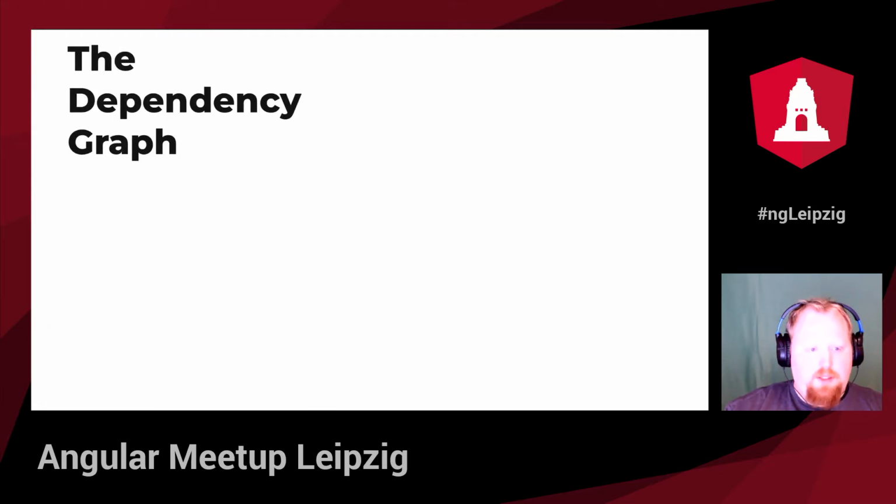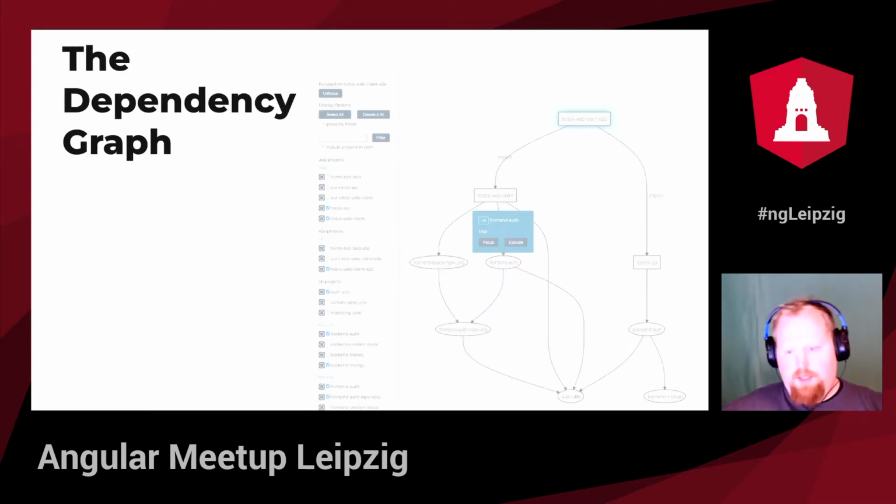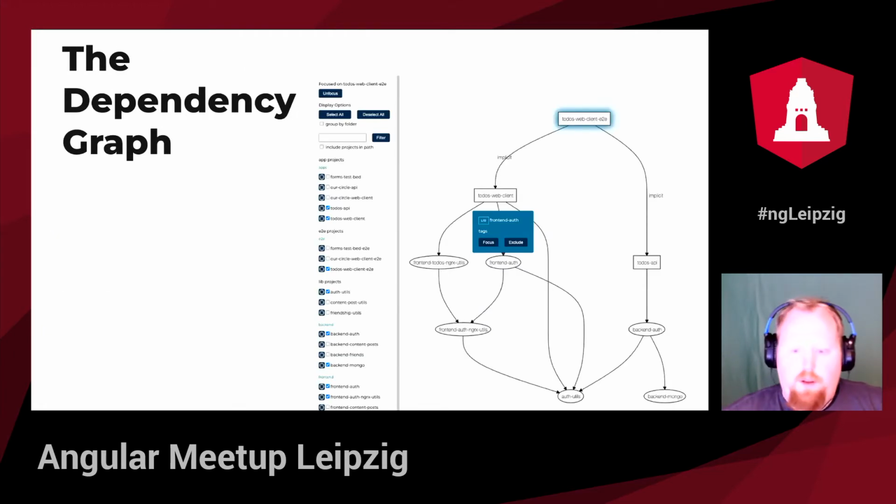So the dependency graph: if you're inside of an NX workspace, you run the command nx dep-graph. You start a local server that, when you open it up in Chrome, looks like this, a diagram of all of your libs, which are the circles or the ovals here, and all of your apps, which are the rectangles, and how all these things work together and how the web looks.